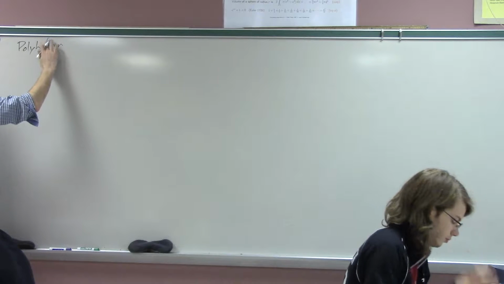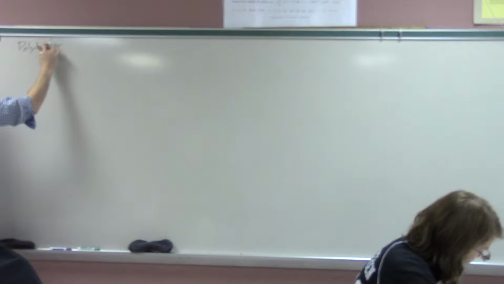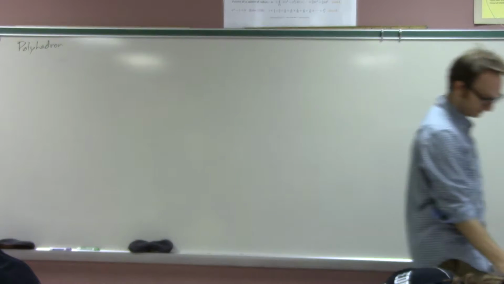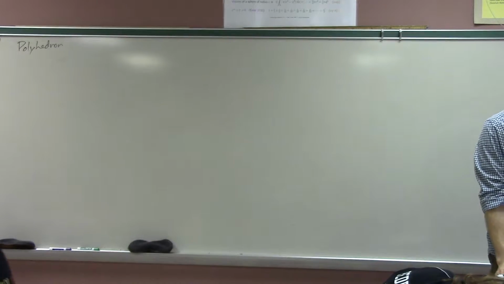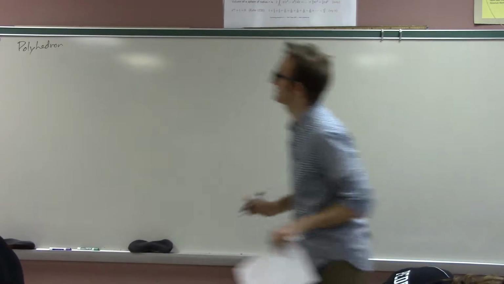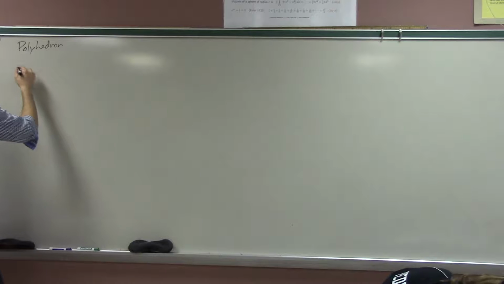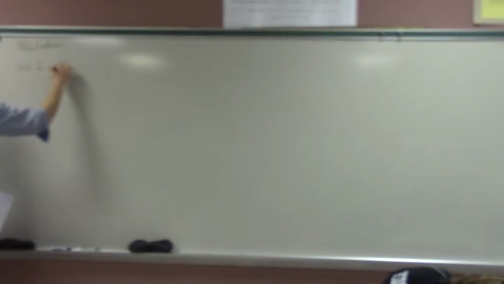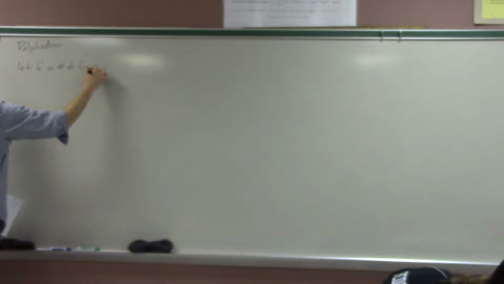there is a relationship between the vertices and edges of this polyhedron. And here is the relationship. Let me make sure I get this right. The number of vertices, no, the number of faces, yeah. So let F be the number of faces.